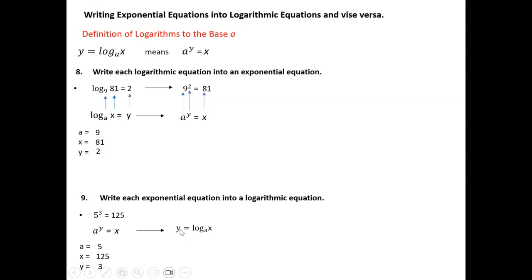We're going to plug in the 3 for y, the 5 for the base a, and 125 for the x. And there's my solution. Or you can turn that around. These two are the same thing. So again, you have to know the conversion from log to exponential and exponential to log. That's what's most important for these types of problems.